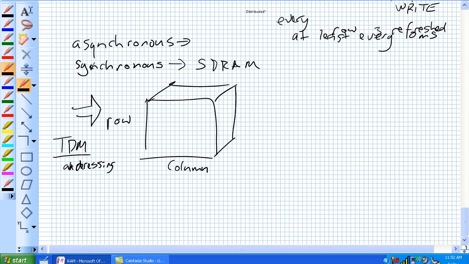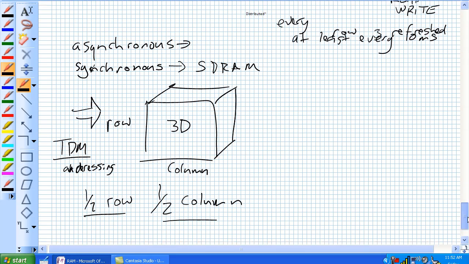But for the first half of its cycle, it's saying the row. Second half, it's saying column. Okay, so that's all TDM addressing is. It requires two portions of the address, a row and a column. This is for three-dimensional. Two-dimensional, you would just need a single one, a row or a column, depending on how it's organized. So TDM: two parts of an address. First half row, second half column.